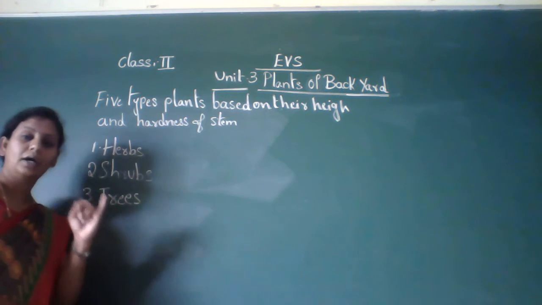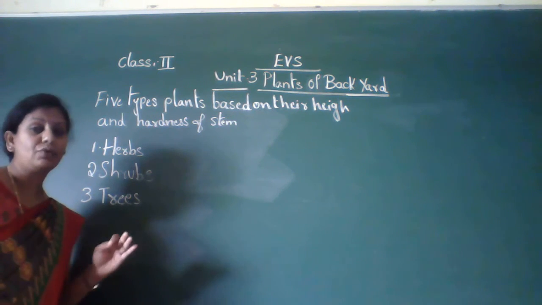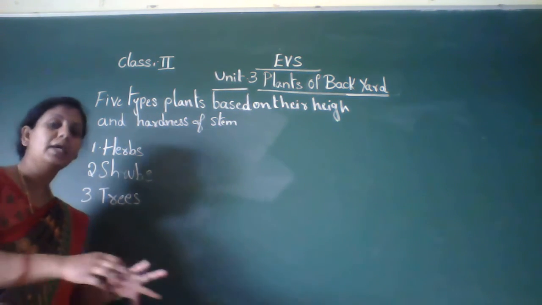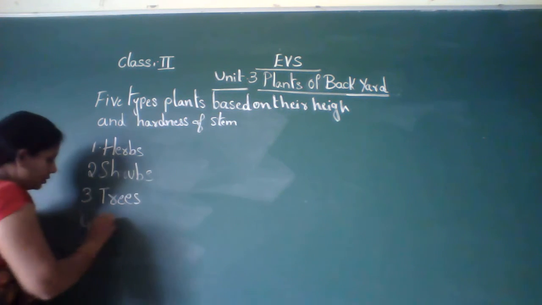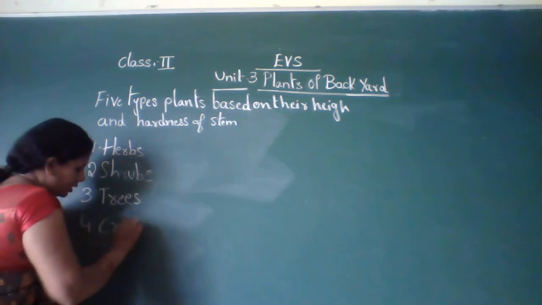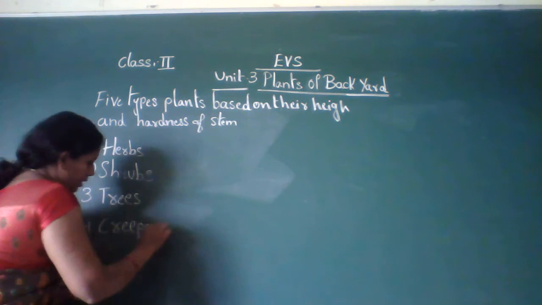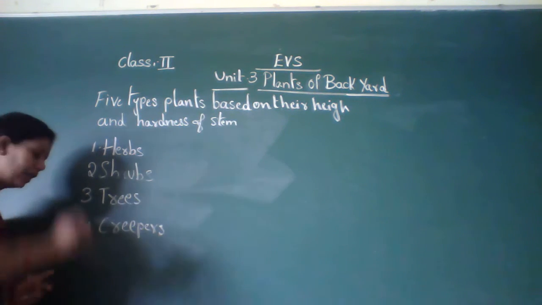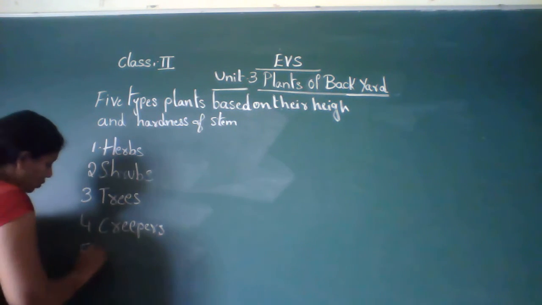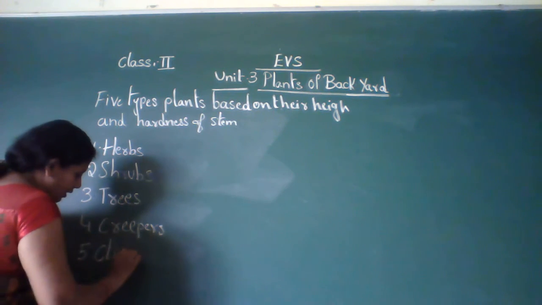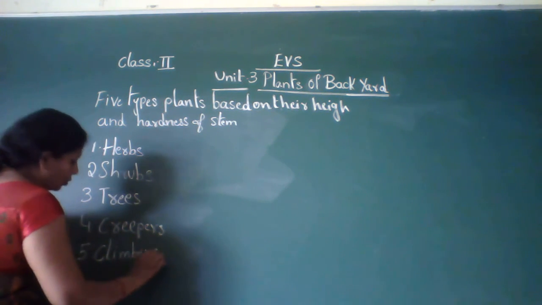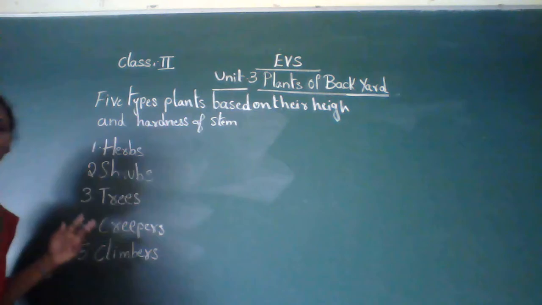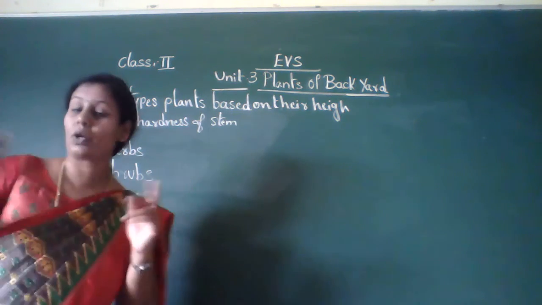Then herbs, shrubs, trees, then creepers. Very good. Creepers. Then one more, climbers. So you already learned this in the previous video, isn't it? So these 5 types of plants we see in our surroundings too.